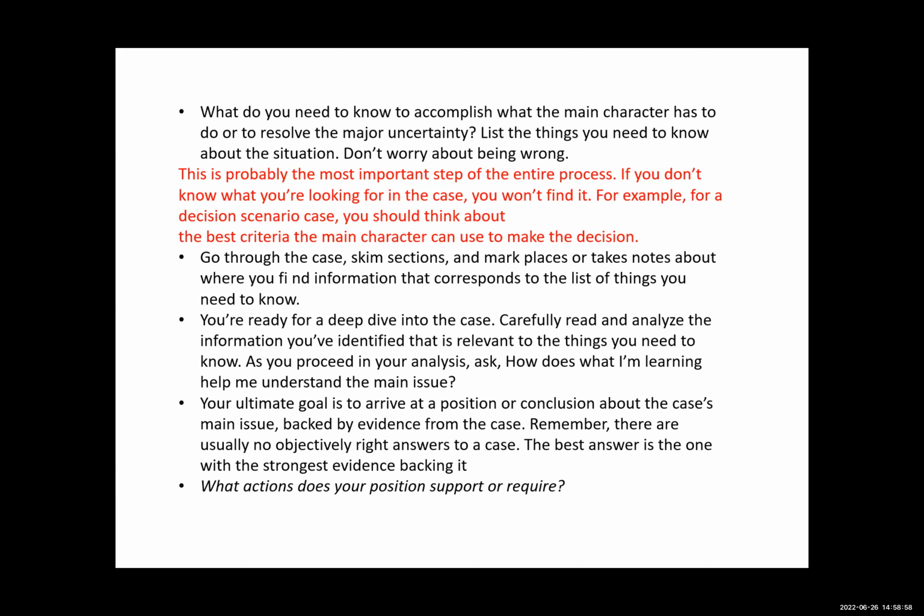That is one classification. What we are trying to do is classify the business cases, and one is decision making. That means somebody in the case is making a decision.